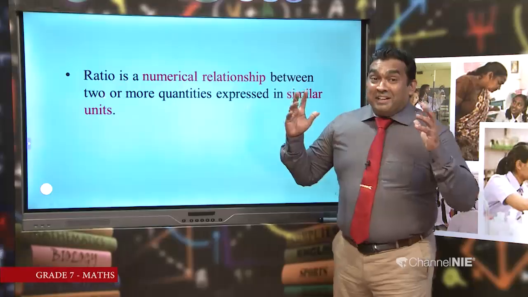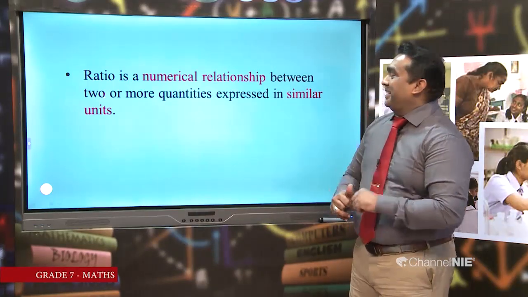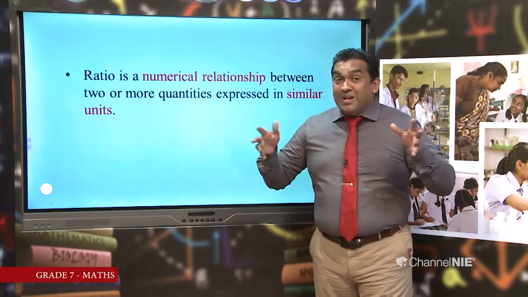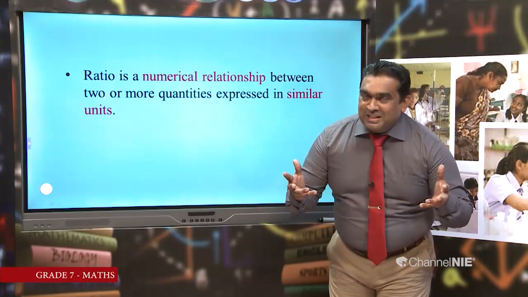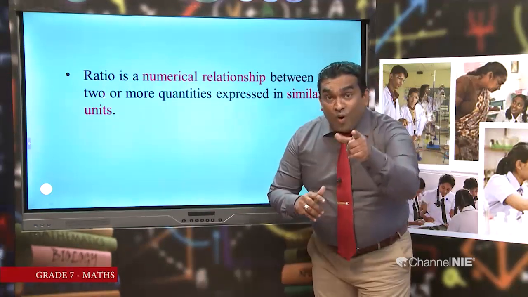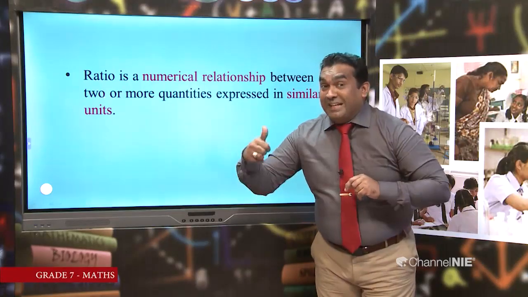Ratio is a numerical relationship between two or more quantities expressed in similar units. You know about numbers. Suppose there are 5 family members in your home and 6 family members in the next home.